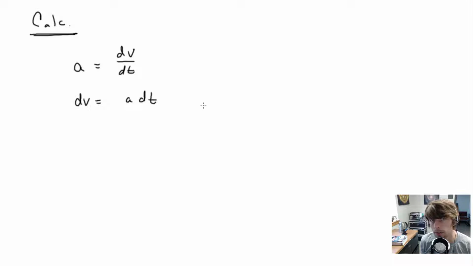This is a very standard method in calculus, what is called a separation of variables. You get the dv on one side, and the dt on the other side.